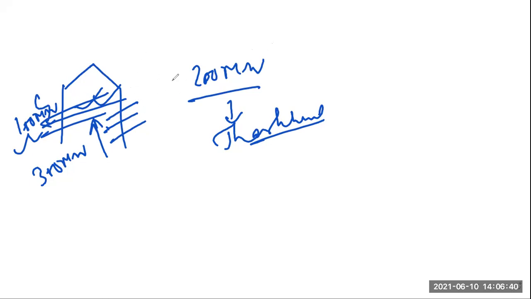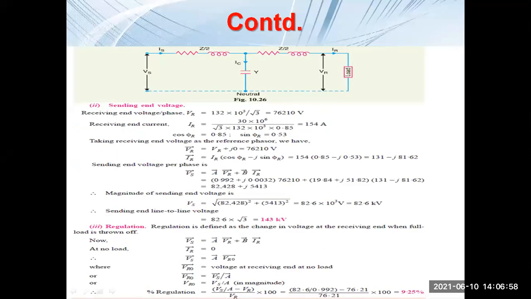You can measure it with a meter, but in between the line, suppose you have to calculate some voltage or current. There we need to do some kind of analysis. So this is basically the practical application of this ABCD parameter. I hope it is clear.